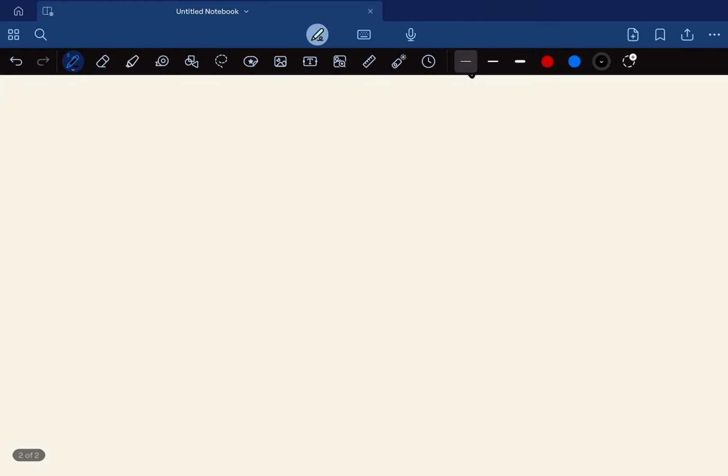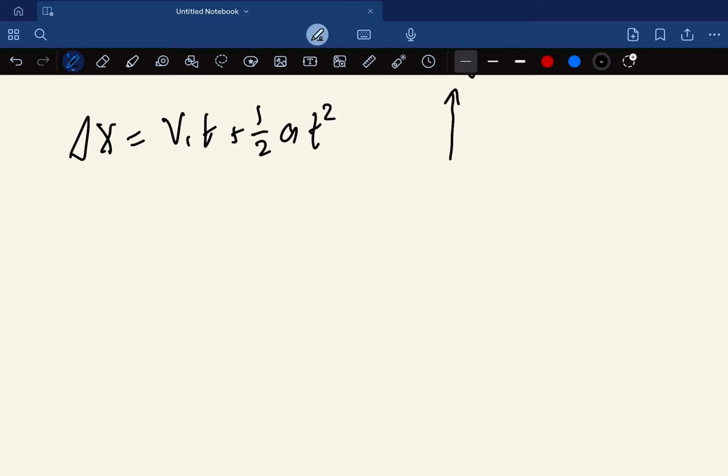For this equation, delta x equals VIT plus 1 over 2AT squared, we can look at the area under the graph of an acceleration versus time graph.